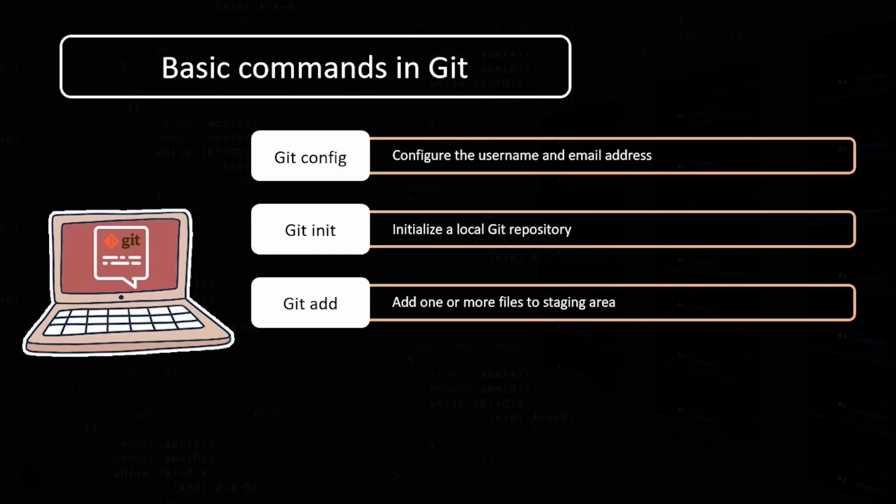So when you do git add, it moves the files from your working copy to the staging area, and they will remain there until you run the git commit command, so that these files from the staging area will be permanently written into the local repository. It's very important that you run git add before running any git commit command.